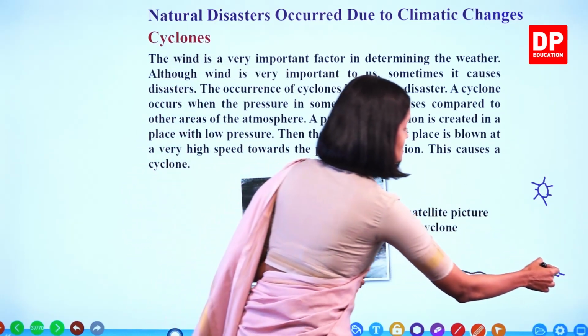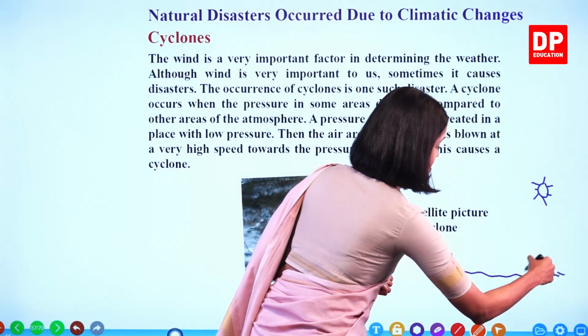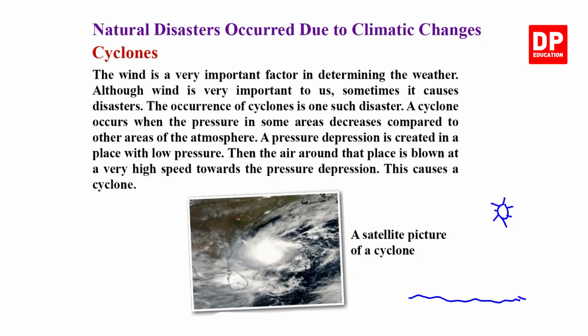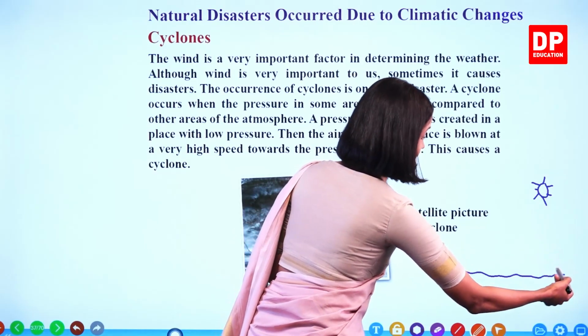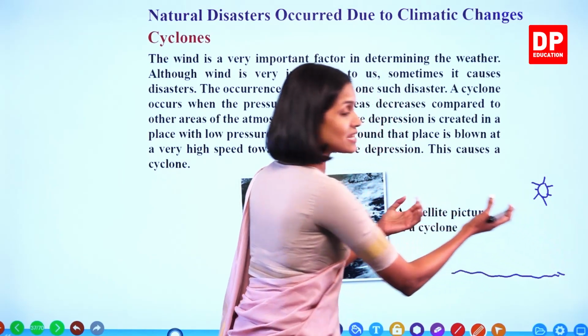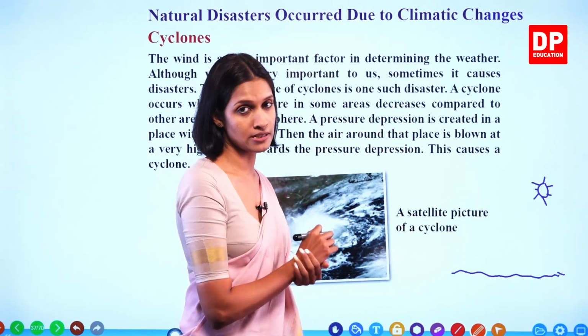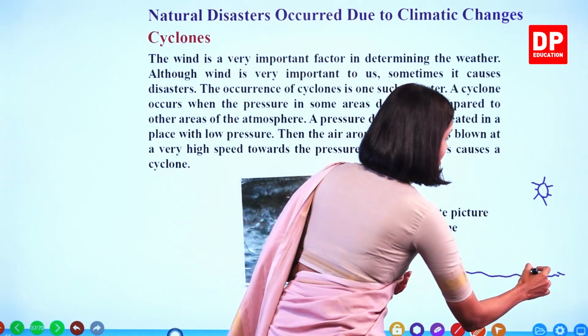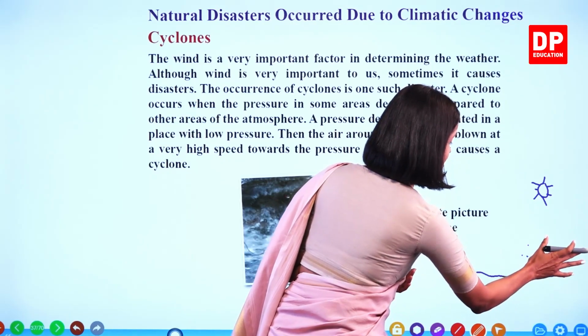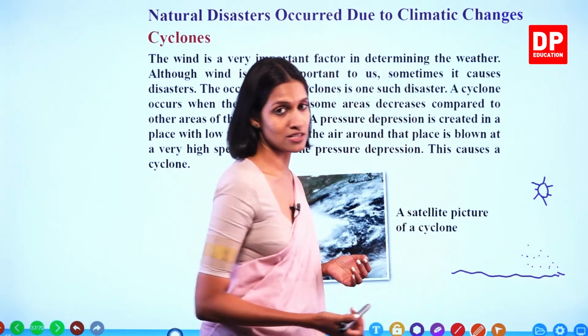Let's say that if this area gets heated up faster, the temperature here is very high, right? So when the earth gets heated up, the air layers next to the earth also get heated up because of the heat of the earth. Now let's say that the air particles present in this place also get heated up.